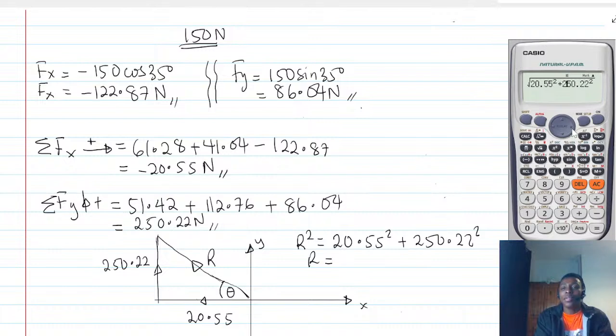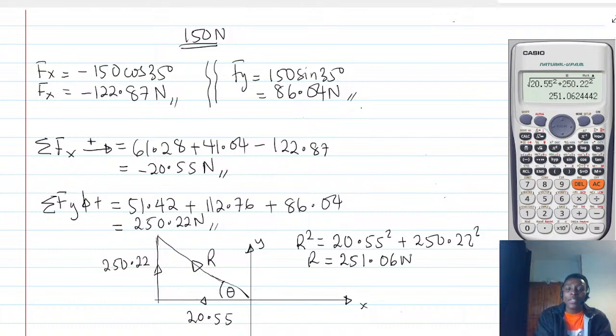So the magnitude or the resultant force is going to be what? 251 point what? 06. Okay.